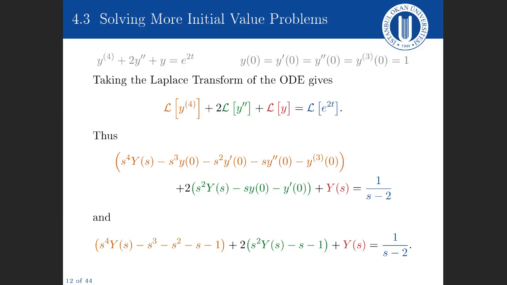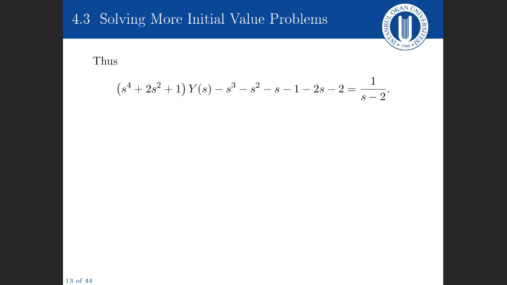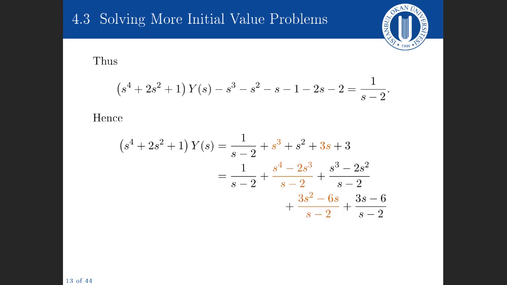I want to gather all of the capital Y terms together, and then move the s cubed, s squared, s and 1 terms all over to the right-hand side. On the right-hand side, I want to put everything over s minus 2, like this.